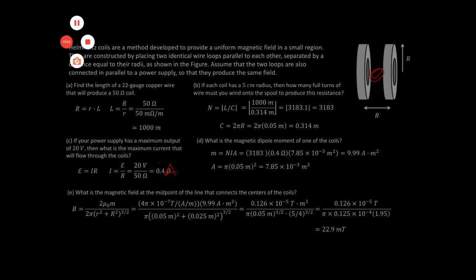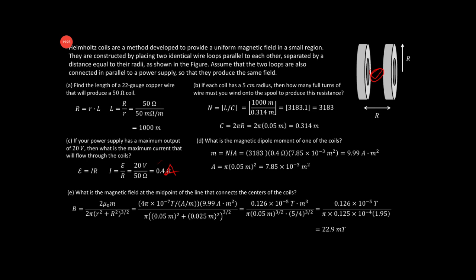All right, so next, what is the field coming off the wire? I've got these two wires basically, and what's happening here?